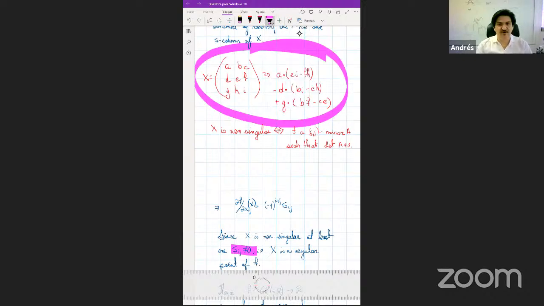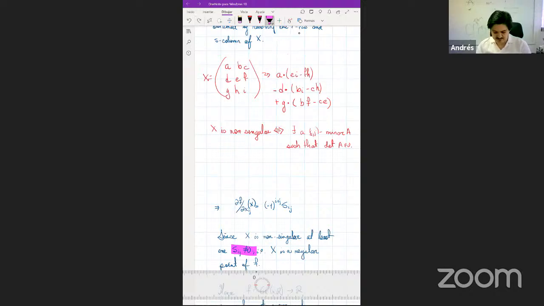First, for any matrix I have that, which is important, that I can isolate one of the entries, and that allows me to compute this. The second step has to do with x being non-singular, and I can find at least one minor or determinant non-zero. And that's what I use to say that x is not a critical point, because at least one partial is going to be non-zero.